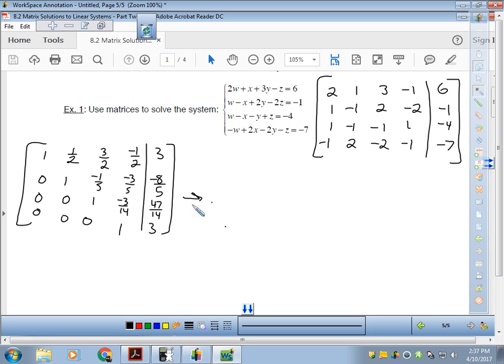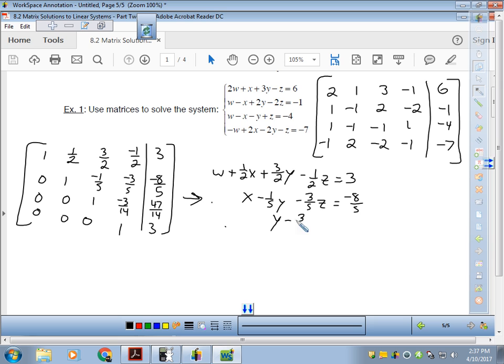So if we translate these back to equations, we have w plus 1/2 x plus 3/2 y. Oops, I wrote z instead of y. 3/2 y minus 1/2 z equals 3. X minus 1/5 y minus 3/5 z equals negative 8/5.